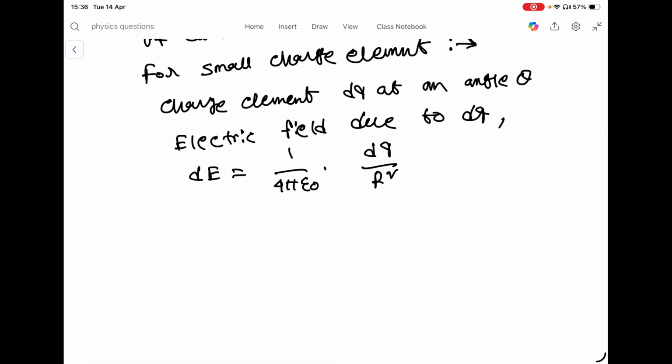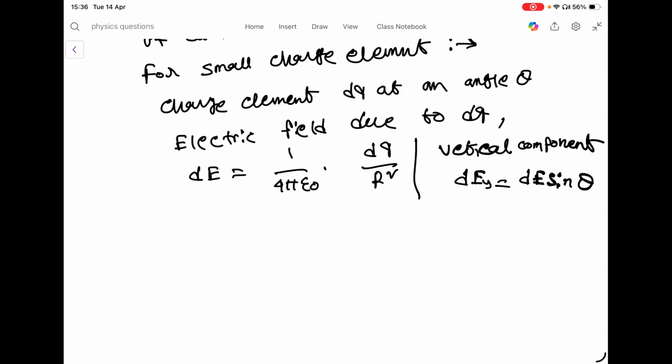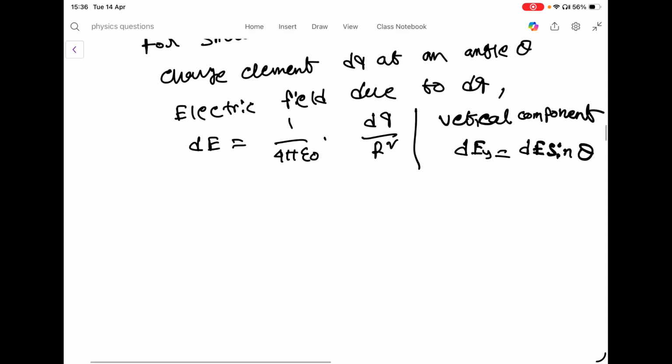So further for vertical component, you will get easily vertical component dEy equal to dE sin theta, and the horizontal component will be cancelled. You can see by the diagram.